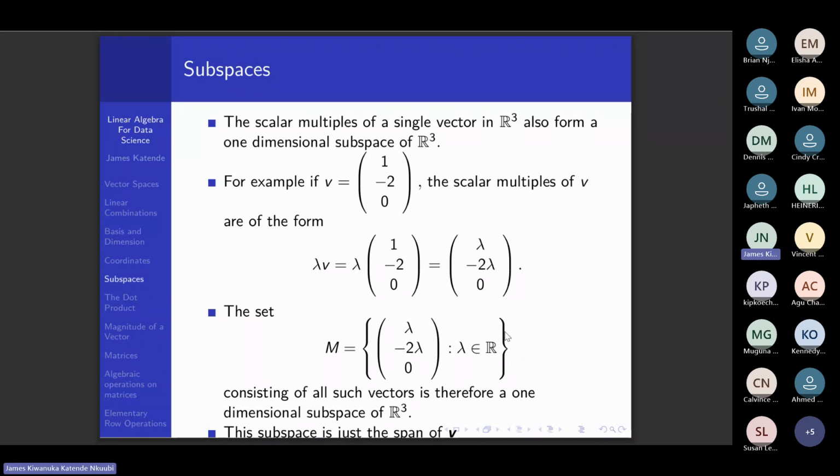In addition, if you pick any single vector in R3, get all multiples of that vector, you still are able to construct a subspace of R3 that is one-dimensional because it is spanned by just one vector. This means if you pick any non-zero vector from R3, then all multiples of that one vector form a subspace of R3. Are we together up to that point?